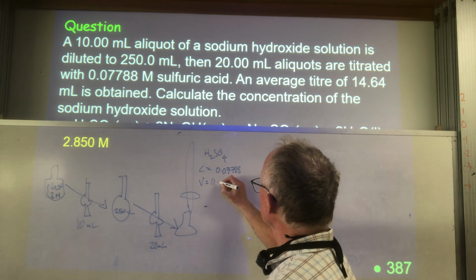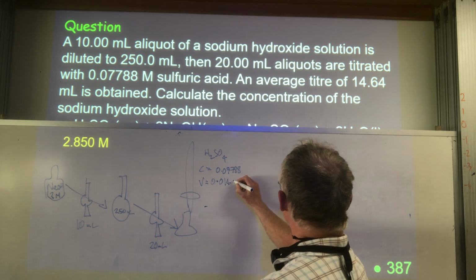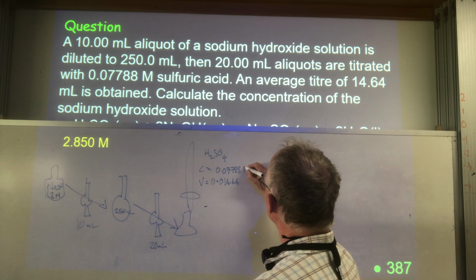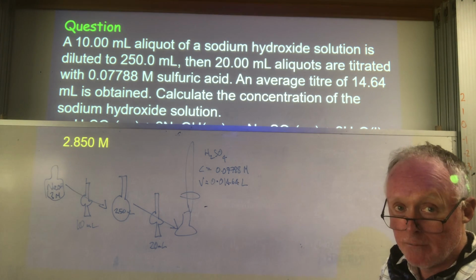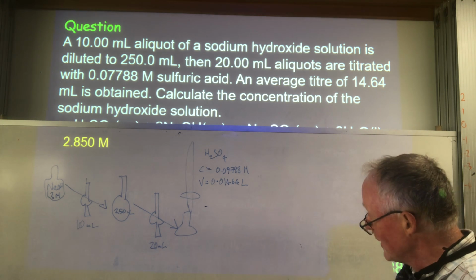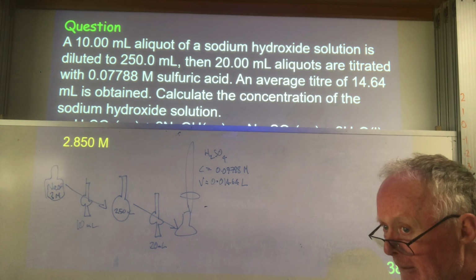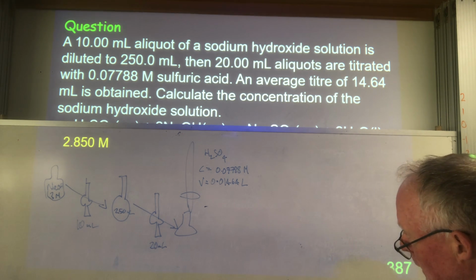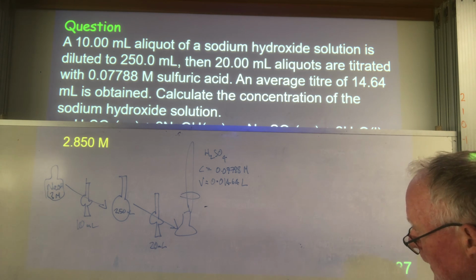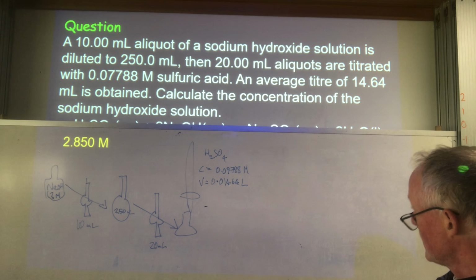Let's whip that straight into litres so we don't forget later on. And that's our information. Once we got to that stage, hopefully have a go at working it out from there. Pause the video. And if not, I'll go through the working out steps.